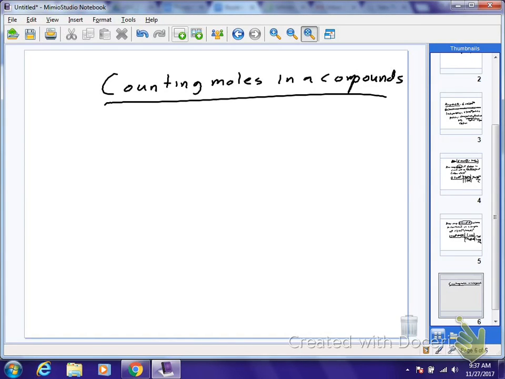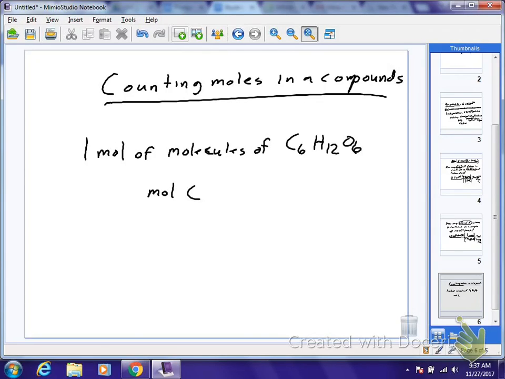So let's say that we have a compound and we have 1 mole of molecules of C6H12O6, which is glucose. So then, let's say that we want to count how many moles of carbon we would have, moles of hydrogen that we'd have, and moles of oxygen that we have.